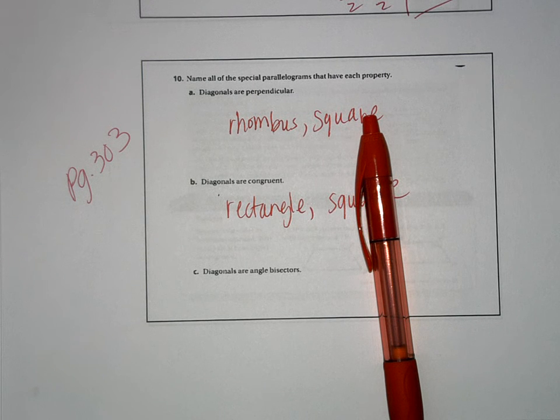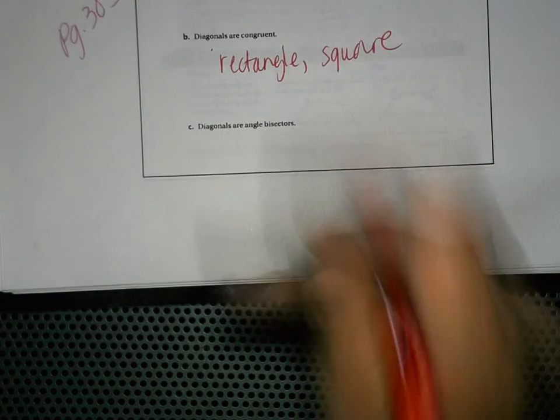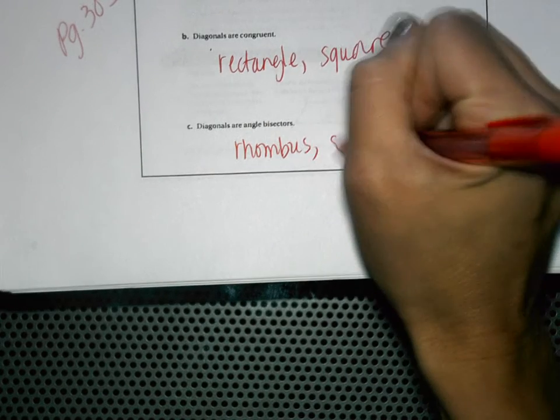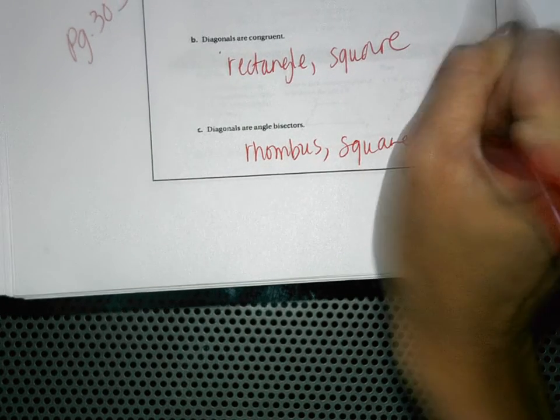Okay, so what was C? Rhombus is correct, which means it's also a square. Okay. Still on page 303. Diagonals bisect each other.